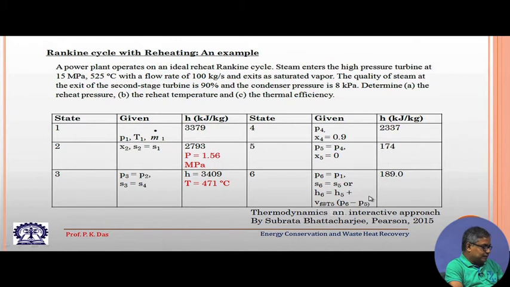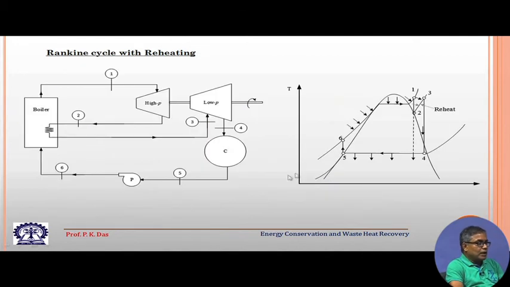State 6 is the state point after the pump. After the pump, which I have already discussed, the fluid will be in the liquid condition, but the pressure will be high. This is again a reversible adiabatic process, or an isentropic process, and here we get the point in the subcooled liquid region.